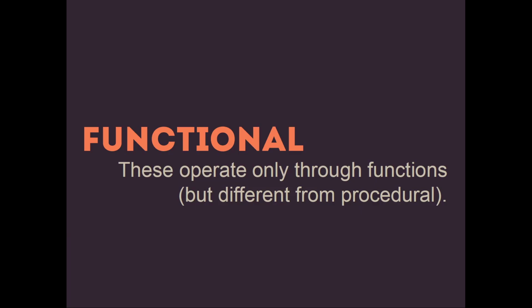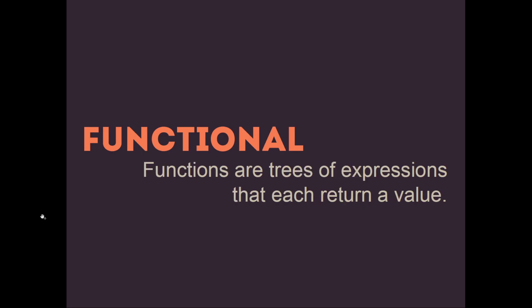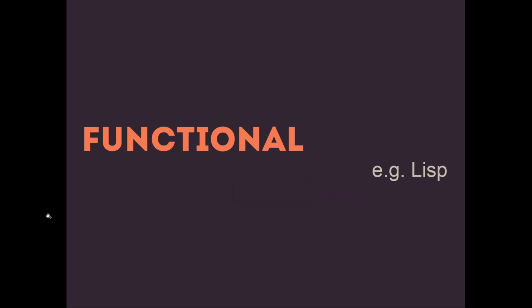In the functional paradigm, these languages operate only through functions, but are different from procedural. Here, functions are made out of trees of expressions that each return a value. This is similar to how recursion works. Examples are Lisp or Scheme.